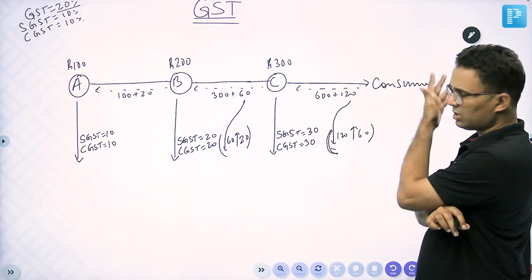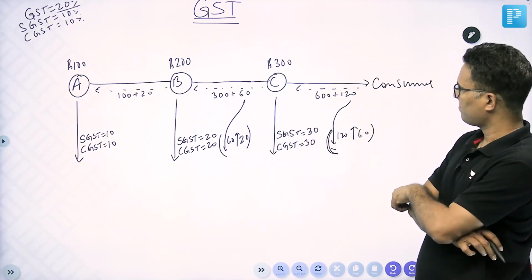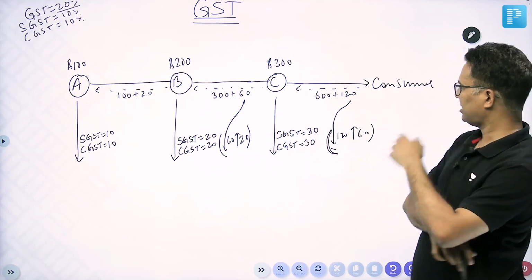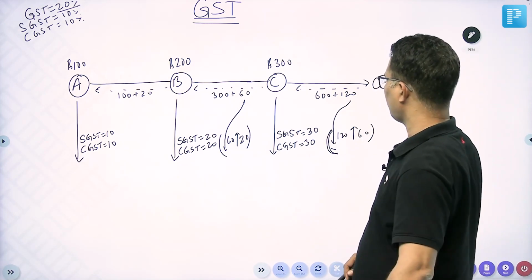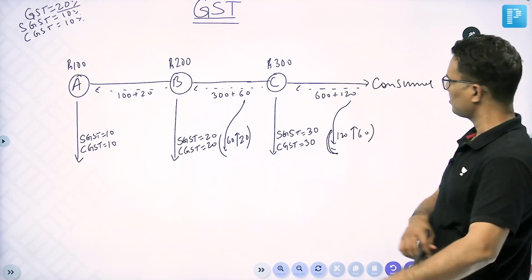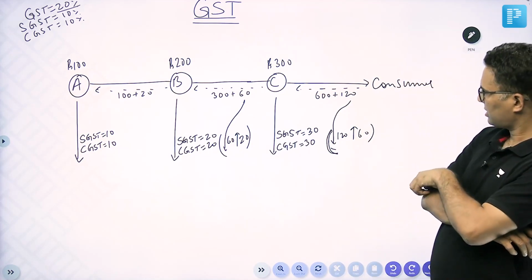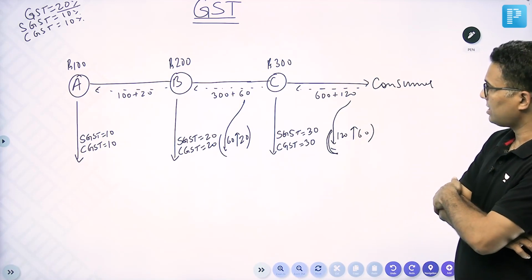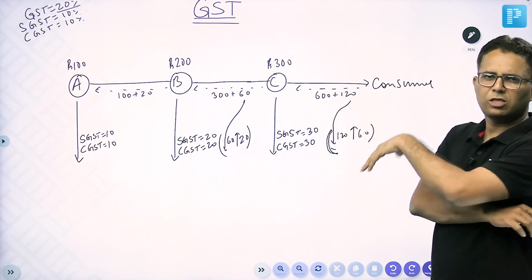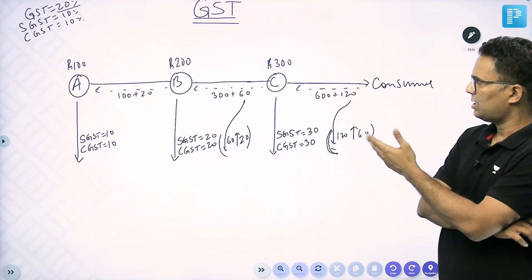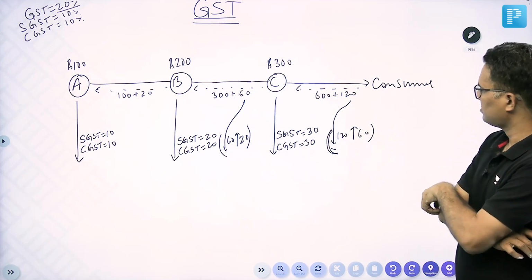In this mechanism, it will keep on going. This is the way GST works. It will keep on going smoothly all across India, it does not matter. SGST, CGST are the same.